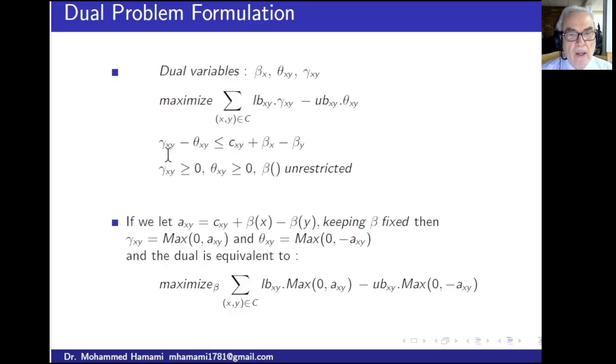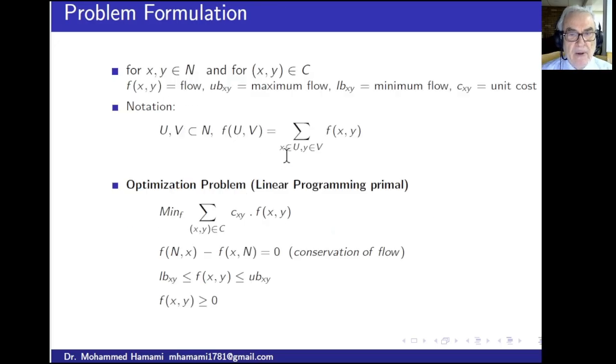And then we read the columns of the matrix A in the primal. We get gamma of xy corresponding to the LB constraint, minus theta of xy, minus beta of x plus beta of y, which here I put on the right side.